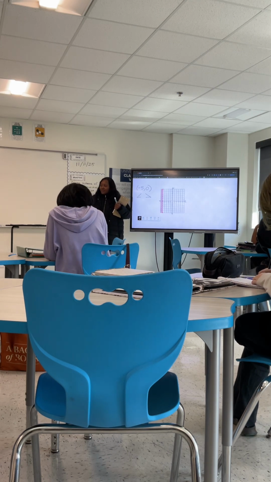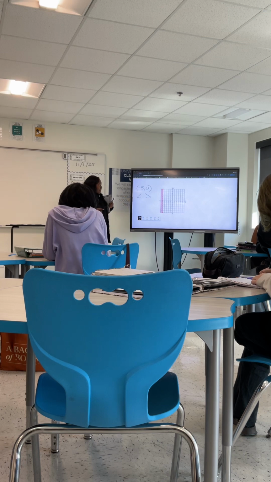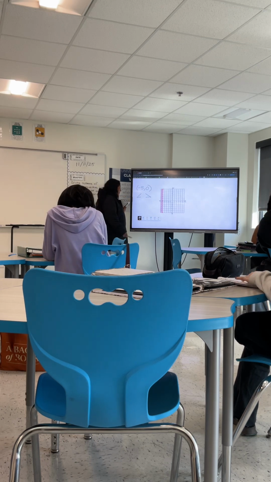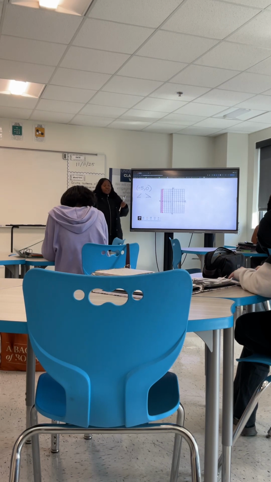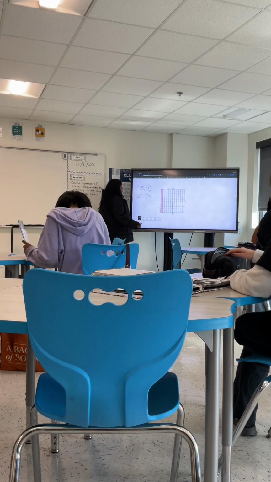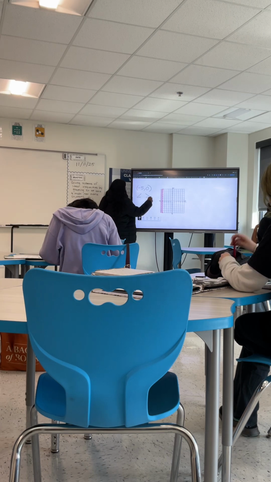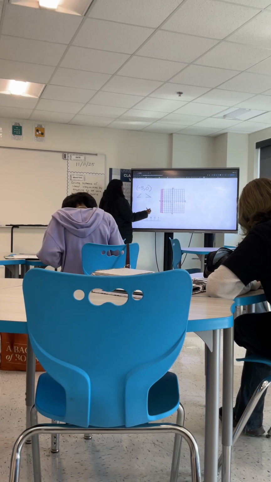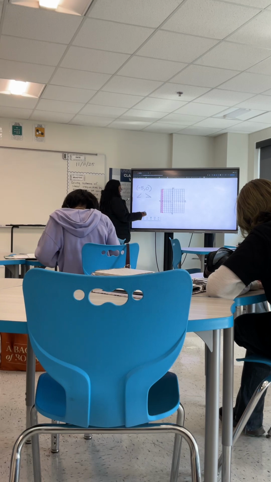Vertical. So a vertical line means there is no slope. So we just have x.